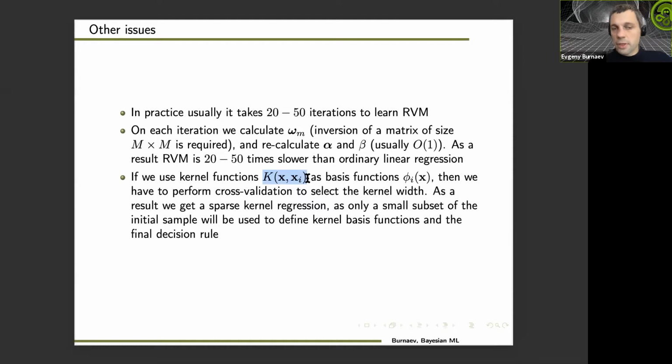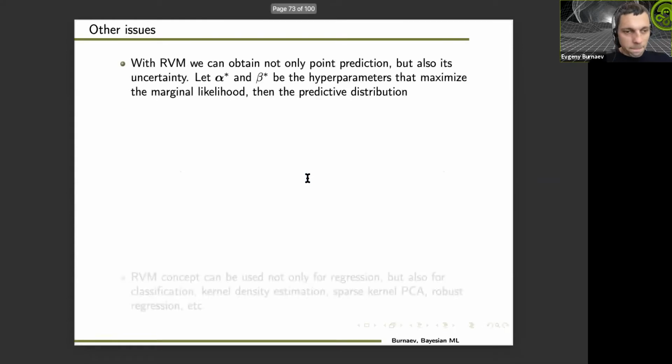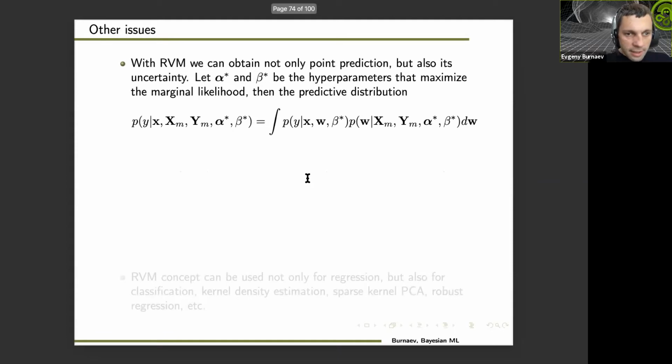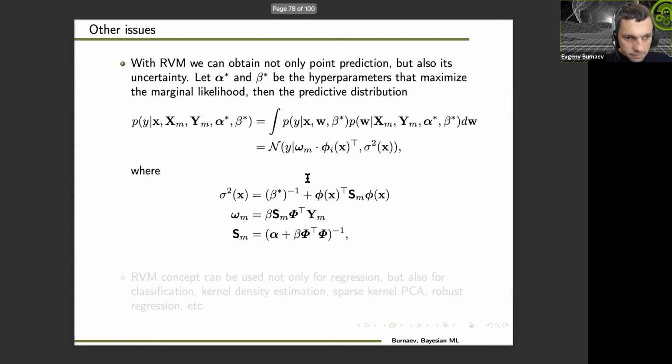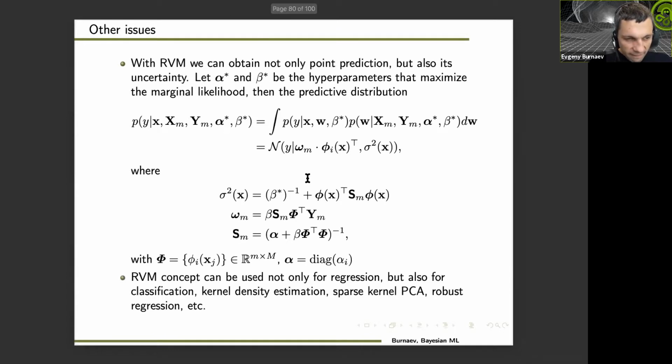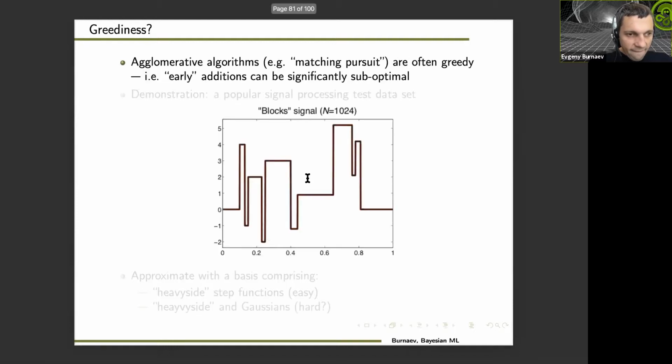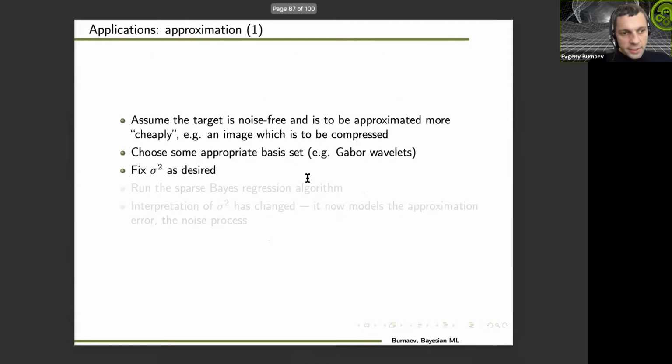And unfortunately, for kernel width, we will still need to tune it, and the only possibility is to use cross validation.